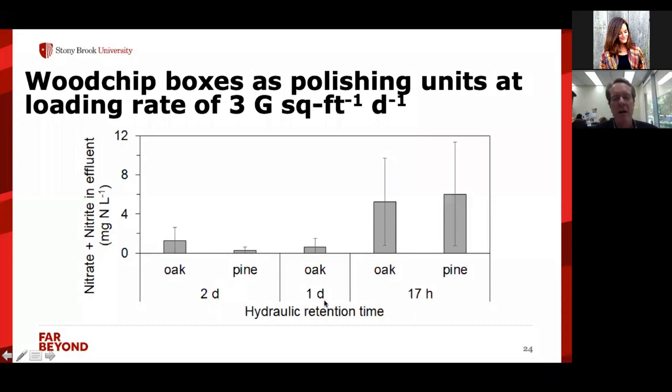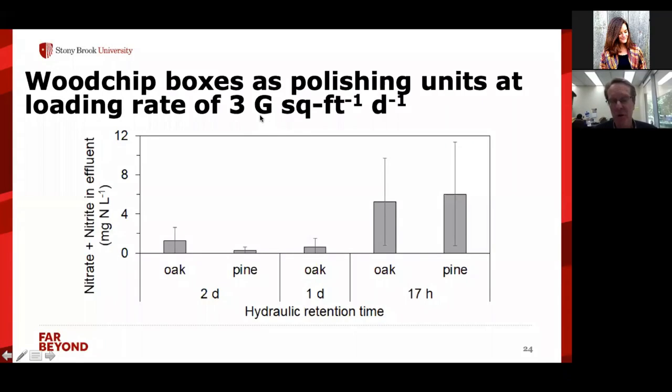Well, what we found out in monitoring this since last summer is that as long as you have a residence time of 1 day, that's enough for denitrification. You can load it at 3 gallons per square foot per day.